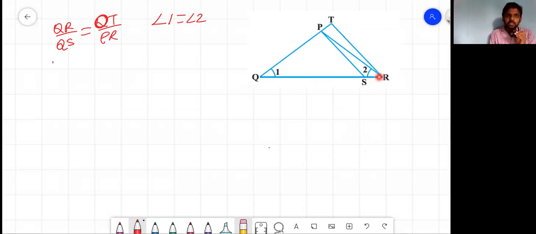Right? So in triangle PQR, I have angle PQR is equal to angle PRQ, because angle 1 is equal to angle 2. So therefore, can I say that this is an isosceles triangle?